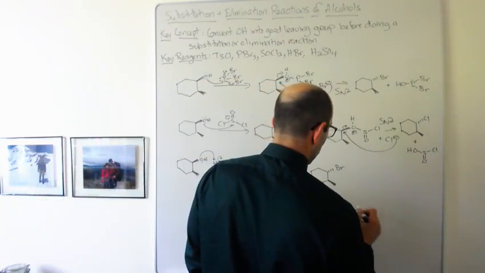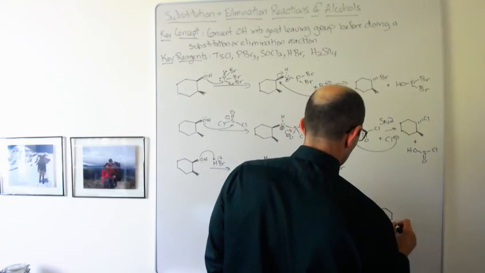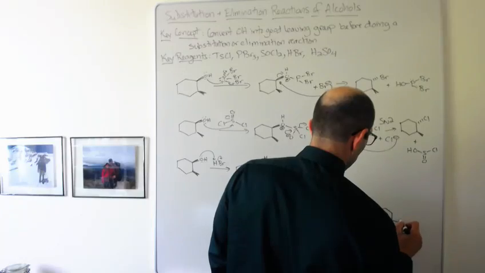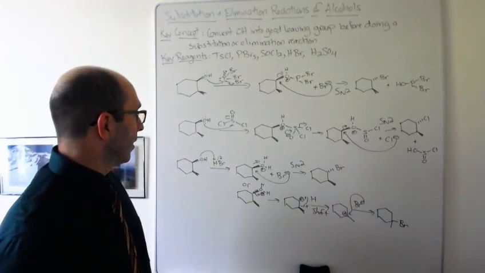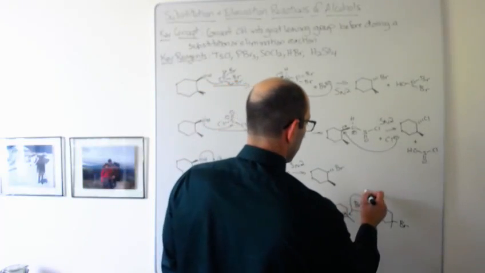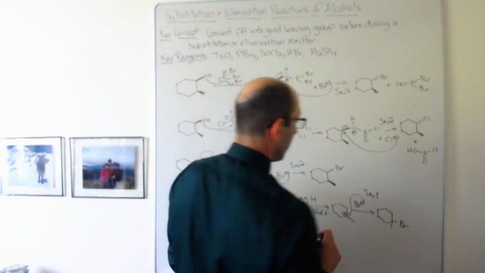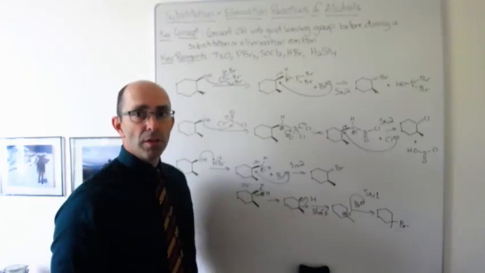And at that point, the Br- can add, giving us a tertiary bromide, again, after the rearrangement. So we have an SN2 reaction. Down here we have an SN1 reaction, all right? And so it's important to remember with secondary, we're going to get a mixture of these things.